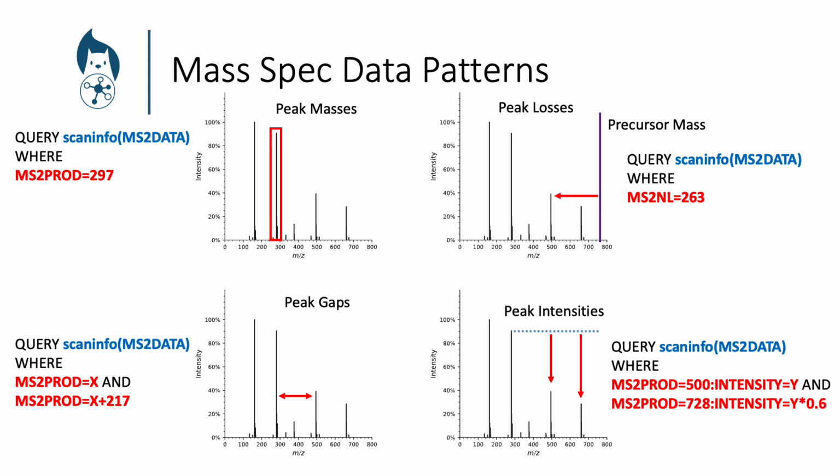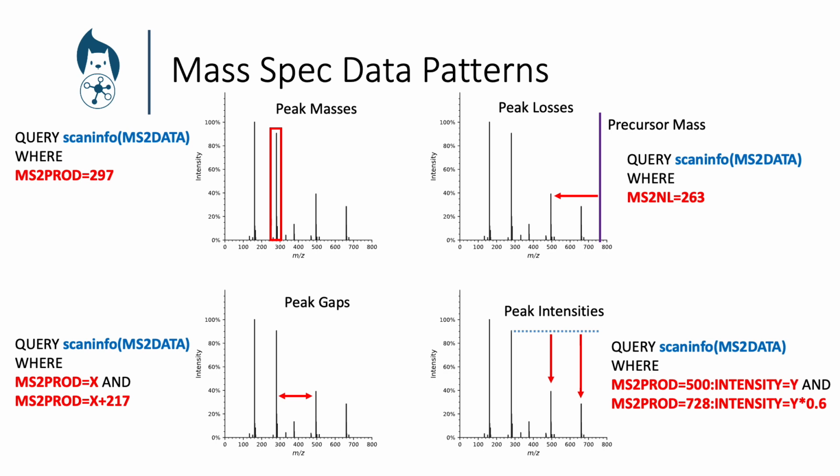Just to give a few examples of some of the patterns that you can start expressing: in the top left here, if there's a particular peak mass that you're interested in, in the MS/MS or in the MS1, you can go look for it. In the top right, there can be losses from the precursor in the MS2 that might be particularly interesting. Also, you can start looking for mass deltas between two peaks in a spectrum.